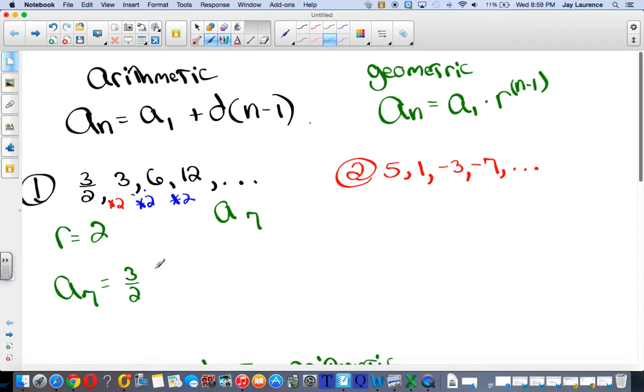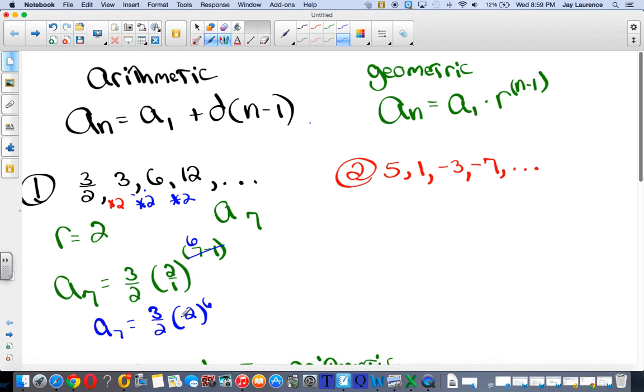Now R is 2, and I have to raise it to the n power. Well, n's right here. I raise it to the 7 minus 1 power. Now, we know that 7 minus 1 is 6. And so we have a sub 7 is going to equal 3 over 2 times 2 to the 6th power.